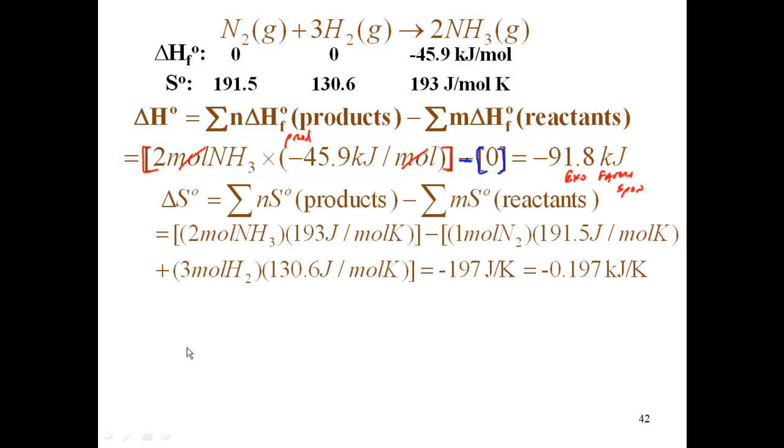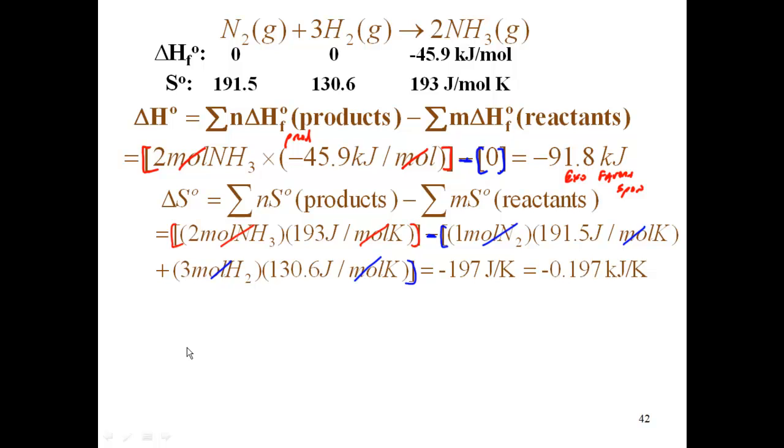Entropy, products minus reactants. I get 2 moles of ammonia, that cancels with my moles, 193 joules per mole Kelvin. That is my products. I'm going to subtract my reactants, which is 1 mole of nitrogen times 191.5 joules per mole Kelvin, moles cancel, plus my 3 moles of hydrogen times 130.6 joules per mole Kelvin, moles cancel.